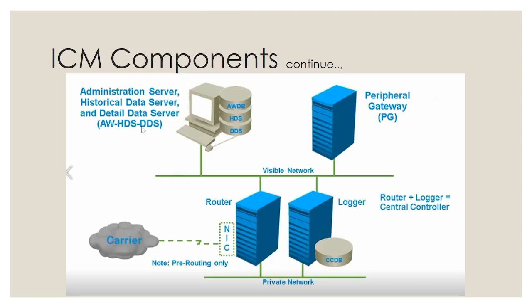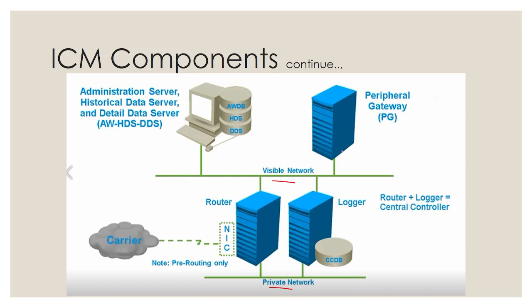This slide here shows the diagram for the routers and PGs, how they are connected. You are seeing the visible network and the private network in all the slides. We would be covering this in the fault tolerance section in coming sessions.